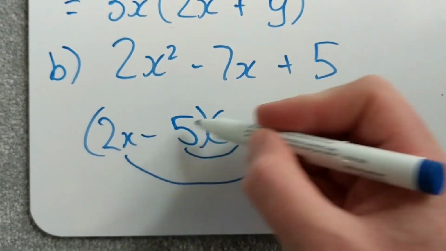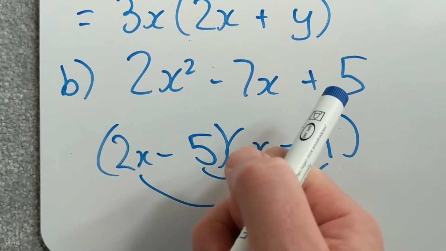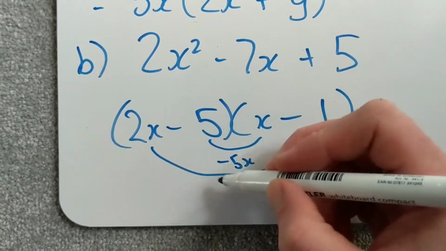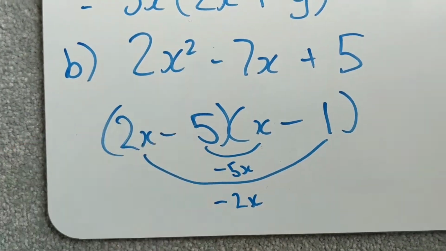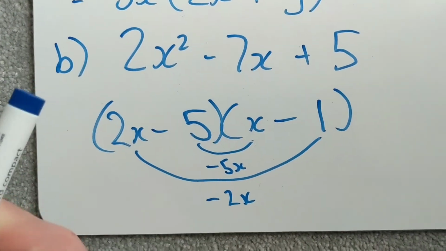So if I put a minus in both brackets, −5 times −1 gives me +5, and that smile gives me −5x, and that smile gives me −2x, and −5x − 2x gives me −7x. If you multiplied out those brackets, would you get back to where you started?